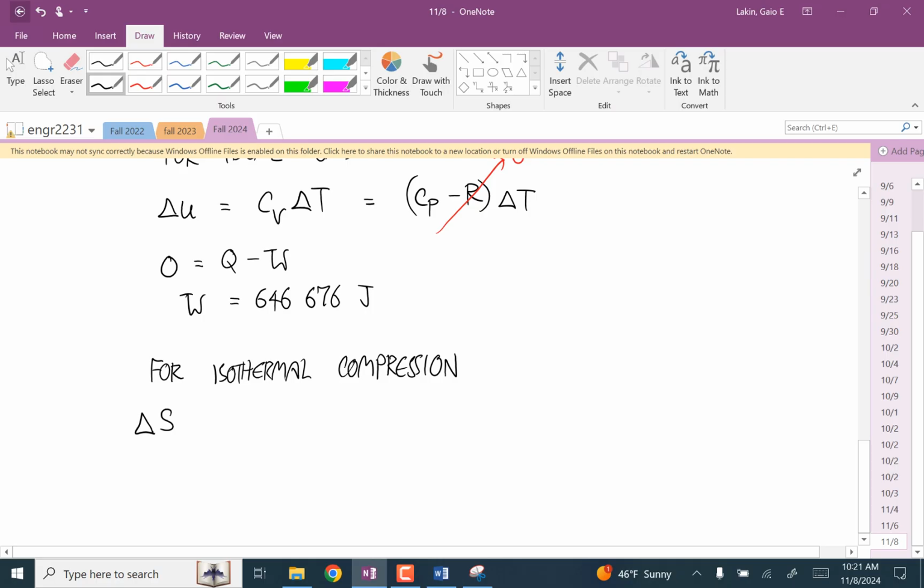again, we know that delta S is equal to the integral of delta Q over T plus the entropy produced. This is 0 because it's reversible.